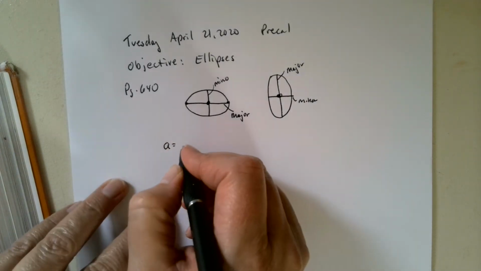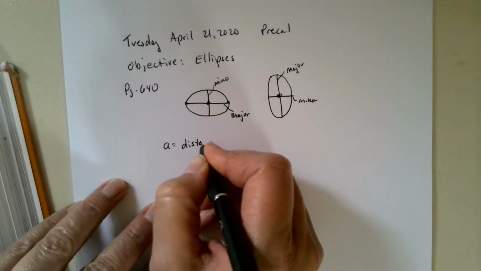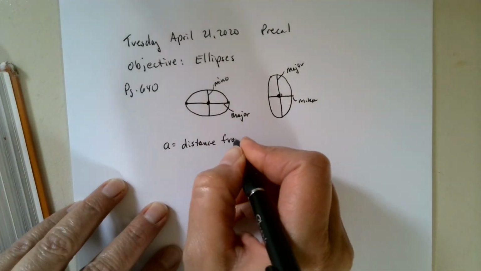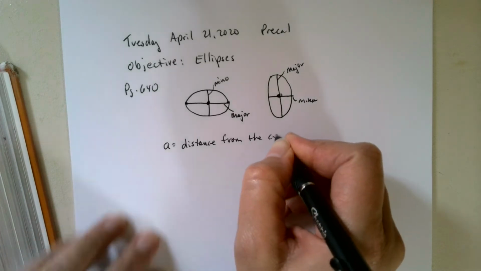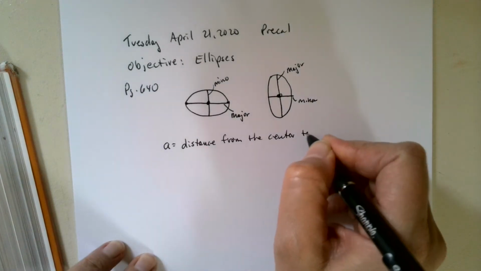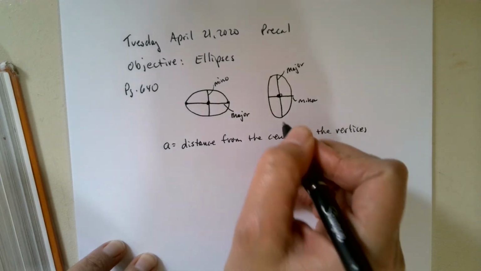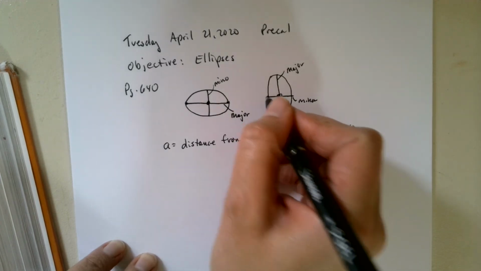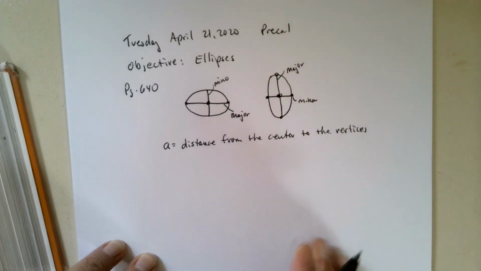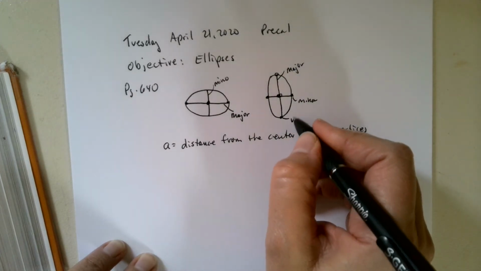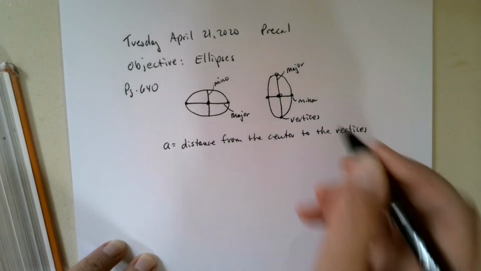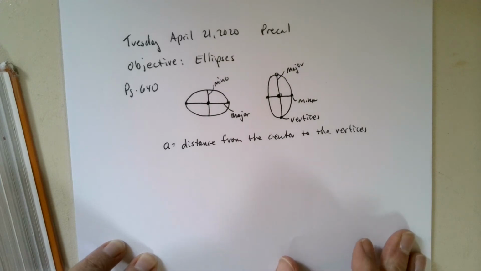And a is going to represent the distance from the center to the vertices. So I guess I need to talk about the vertices: they would be these points where the ellipse touches the axis, vertices, vertex.